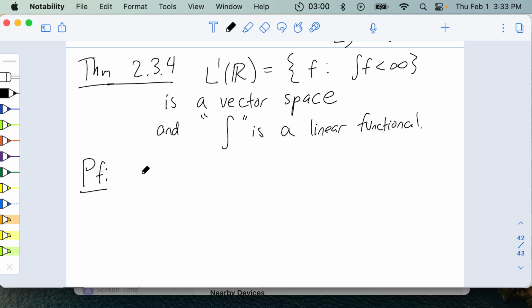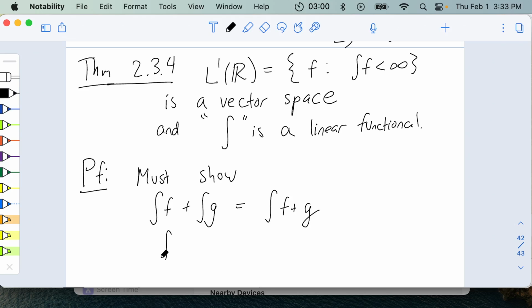So what do we have to show? We must show that the integral of f plus the integral of g equals the integral of f plus g, and the integral of lambda times f equals lambda times the integral of f. Once you show that, then everything will follow, I believe. How are you going to show that? What does it mean to do the integral of f plus the integral of g?